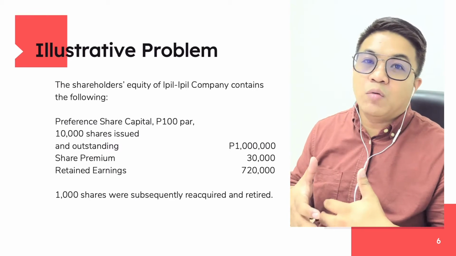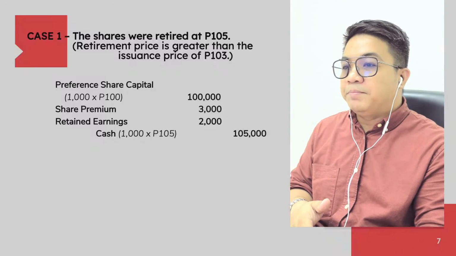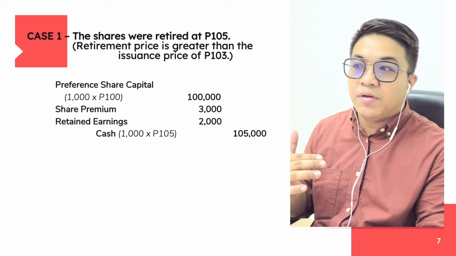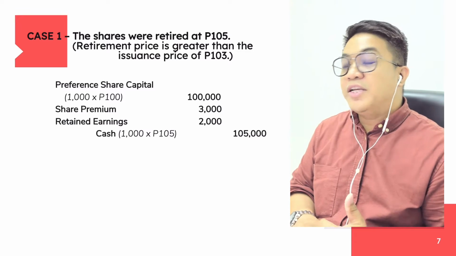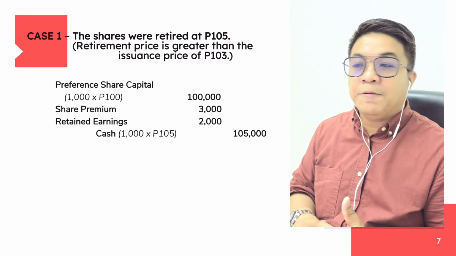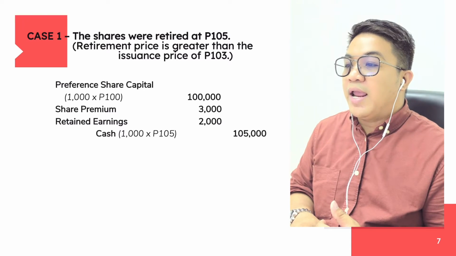What would be our journal entry, given this problem? Okay, case number 1, what if it was reacquired and retired above the issuance price? So from 103, we have 105. What would be our entry?